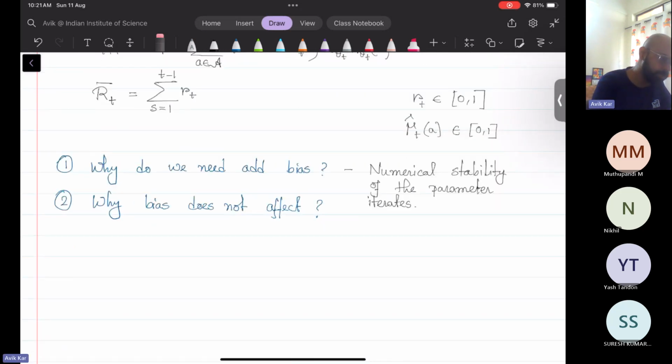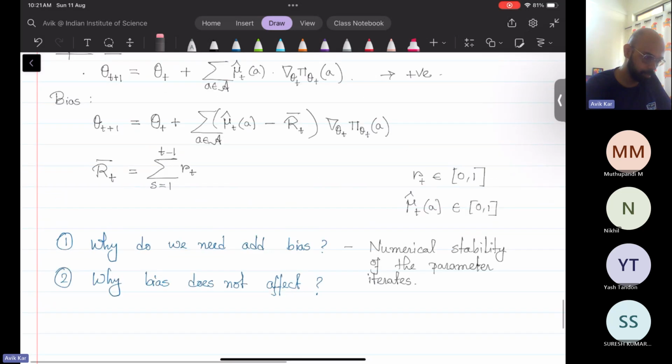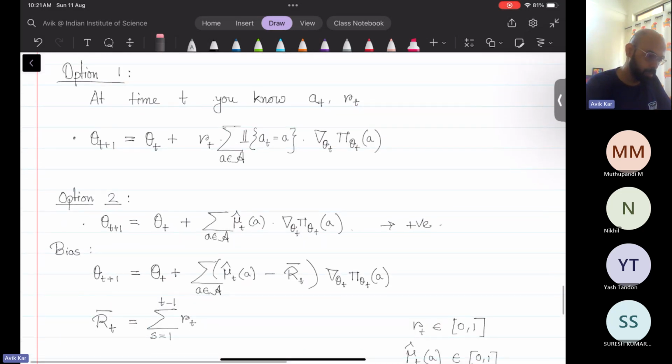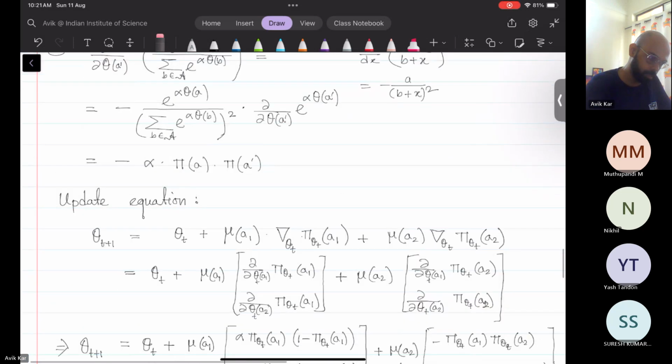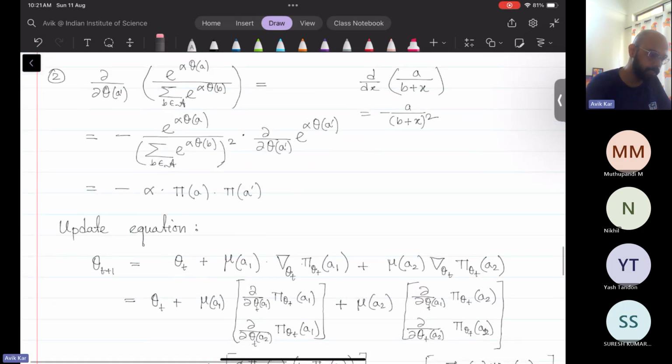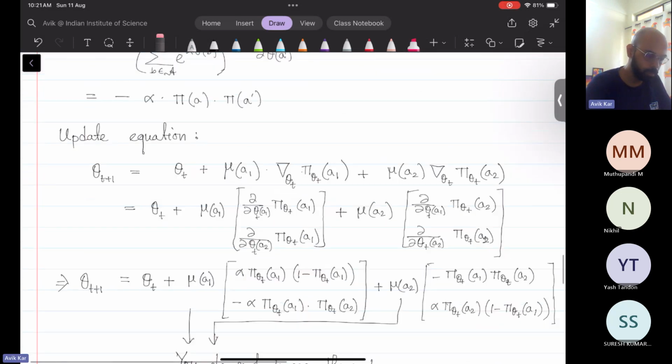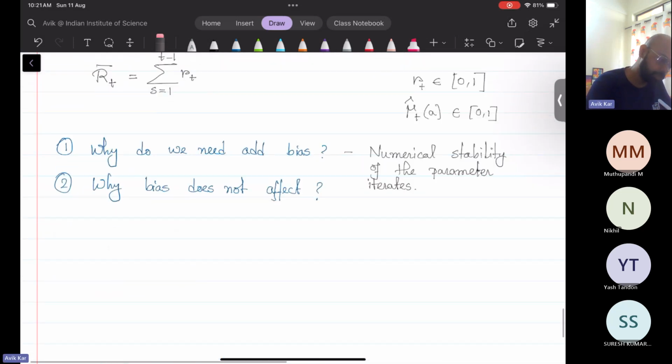Okay, now the second question is why the baseline bias doesn't affect the result. It will not affect it in expectation. What we need to understand is that this bias doesn't depend on the arm chosen at time t.